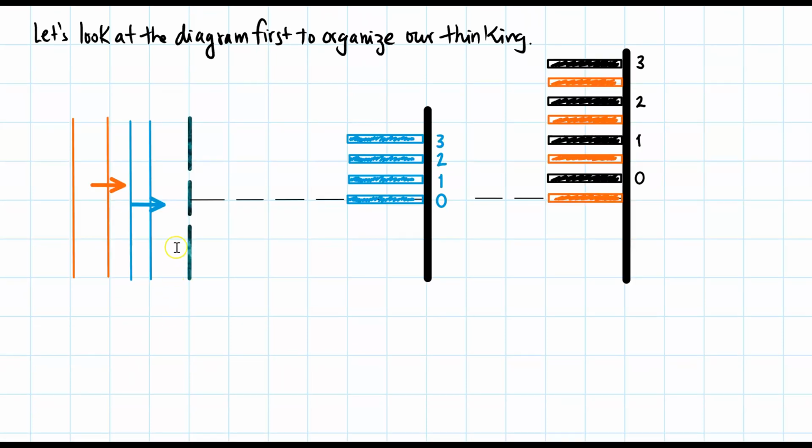The first thing to think about here is that blue light has a shorter wavelength than the orange light, which has a longer one. So therefore the blue light should have fringes that are closer together. On the other hand, orange having a longer wavelength, the bright orange fringes should be farther apart.